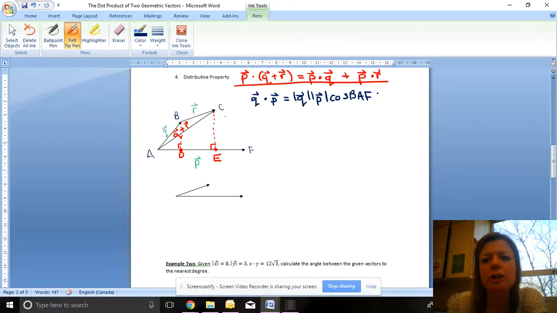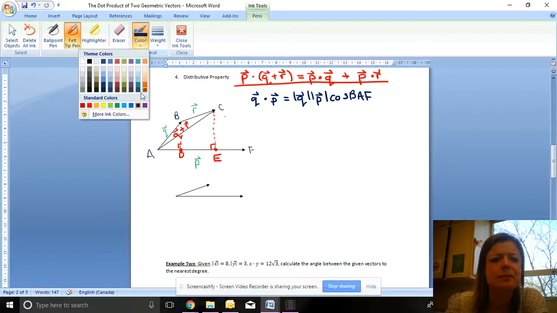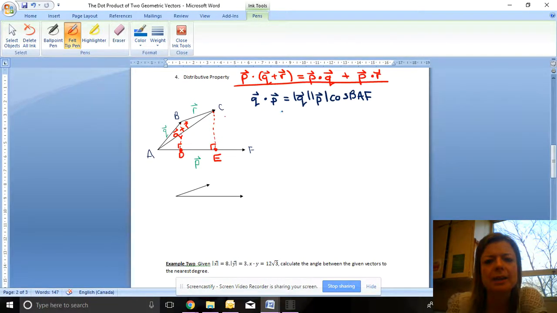Okay, but notice, different color here, notice that AD, from the right triangle AD, can be rewritten as the magnitude of Q times cos BAF. Okay, so that's in this right triangle here. We can just use SOHCAHTOA to rewrite AD in that way.